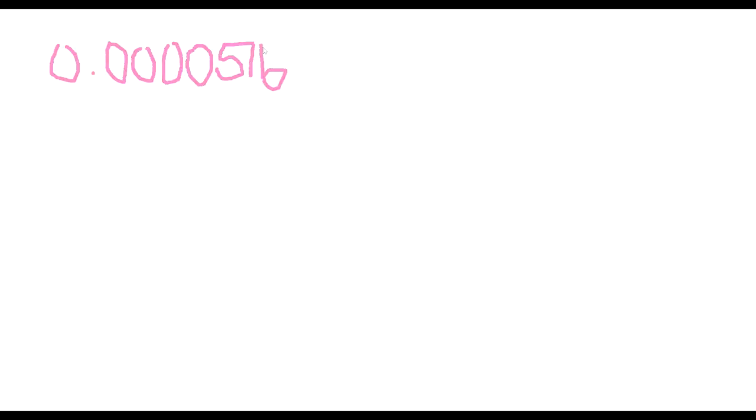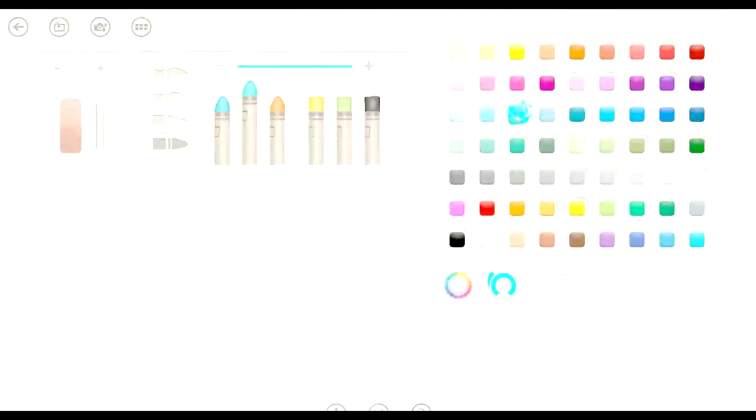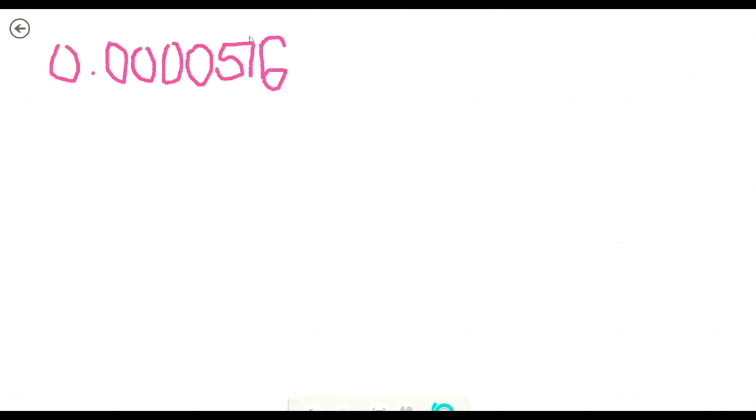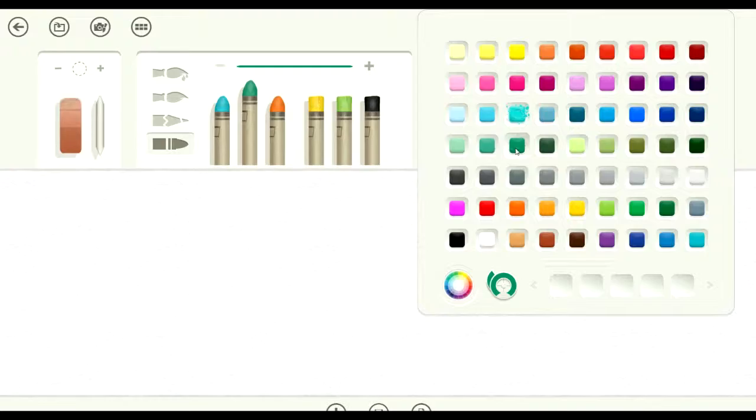So let's say I did 0.0000516, and I wanted to represent this in scientific notation. I'll go first with the first non-zero digit, which is 5. And I ask, what is the largest power of 10 that will fit into this?